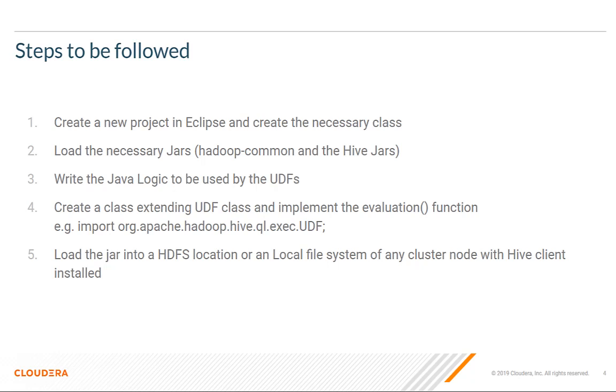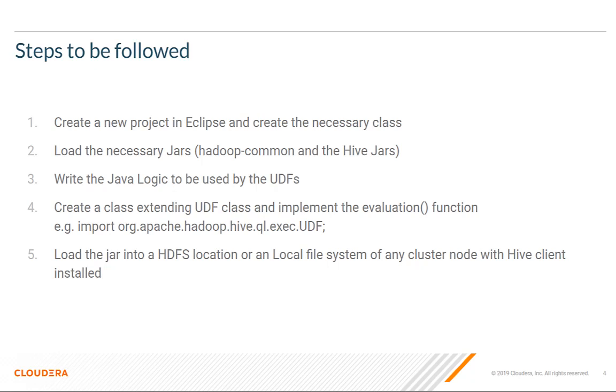Once that's done, you will get a .jar file as output, which will contain your Java code. Then we will load the jar into your Hive CLI or your Beeline, and then we will create the UDF. There are many other types of UDF as well, like aggregate UDFs and UDFs with multiple arguments.